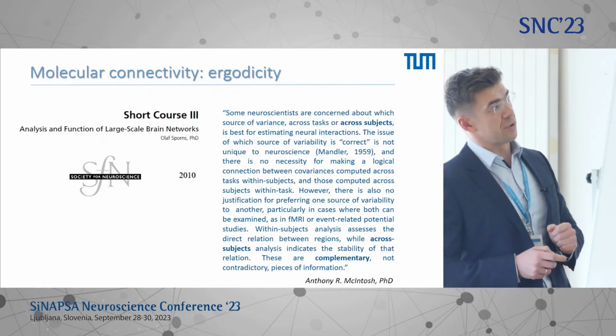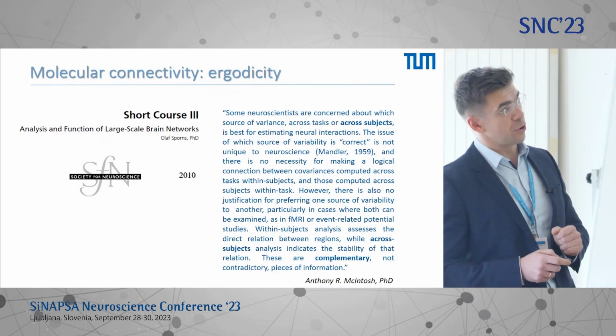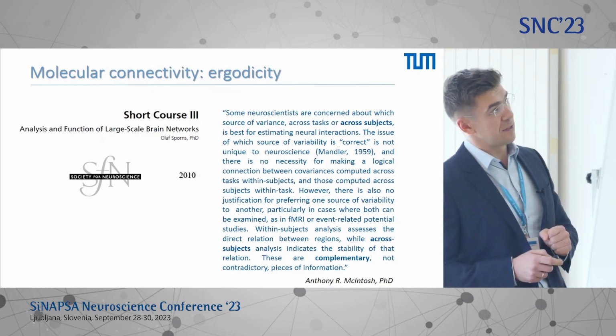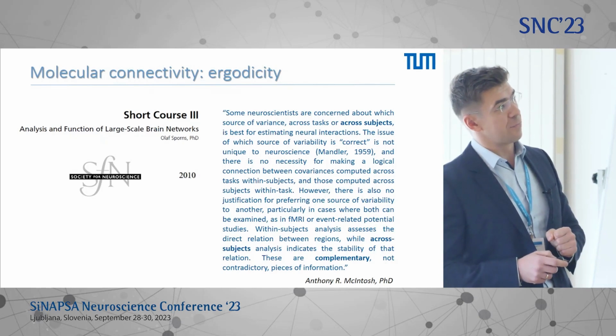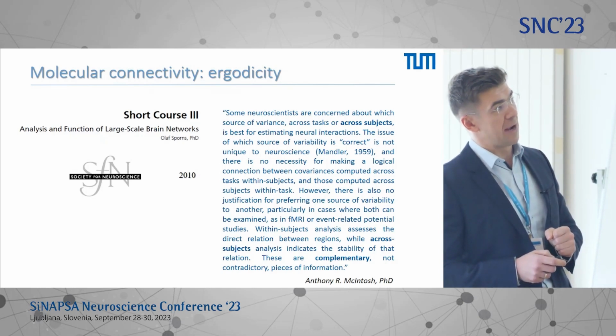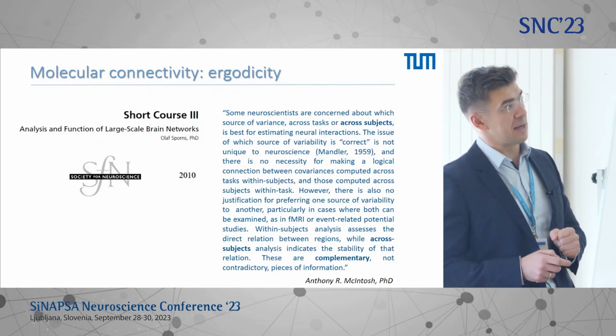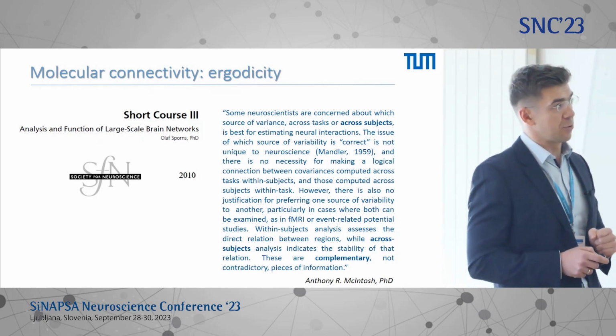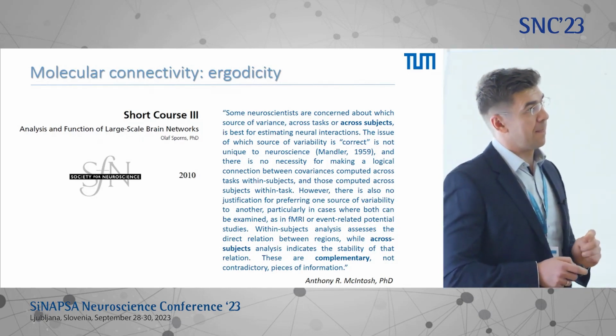So he is talking about functional MRI. The issue of which source of variability is correct is not unique to neuroscience, and there is no necessity for making a logical connection between covariances computed across tasks within subjects and those computed across subjects within tasks.